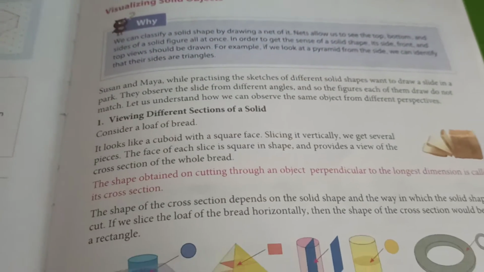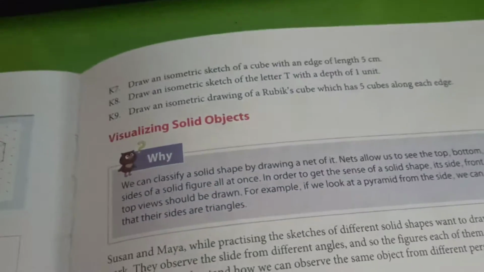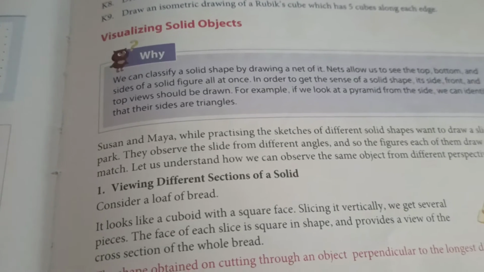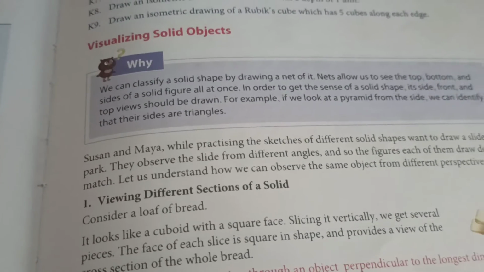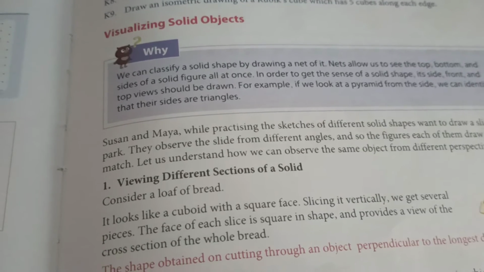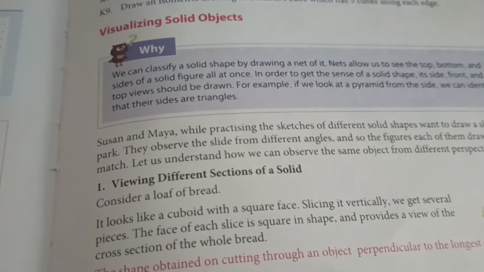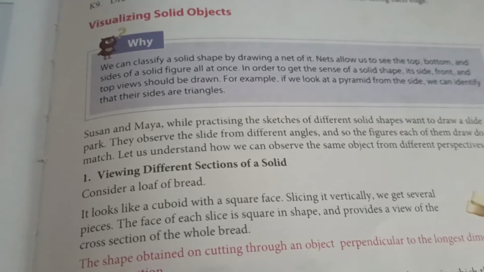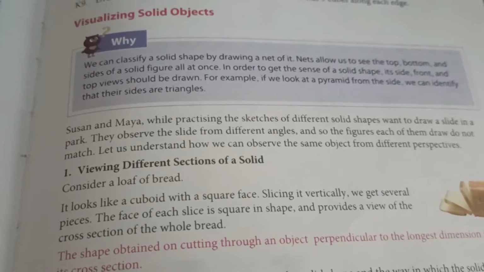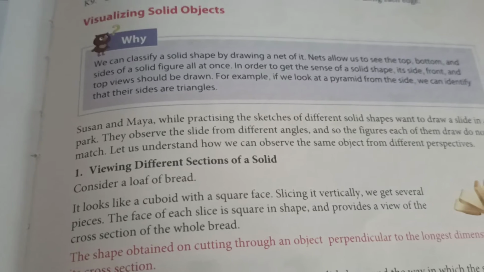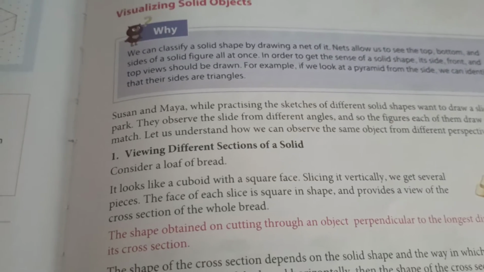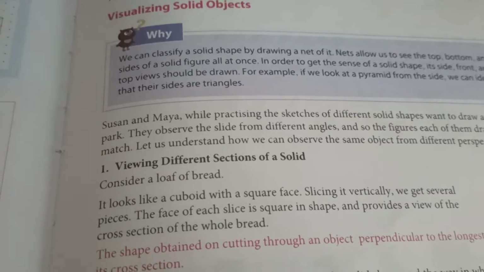Like we have drawn the net of pyramids, and in that I told you that they are in the shape of triangles. So same, if you look at the pyramid from the side, अगर आप साइड से पिरामिड को देखोगे, we can identify that their sides are triangles, right?